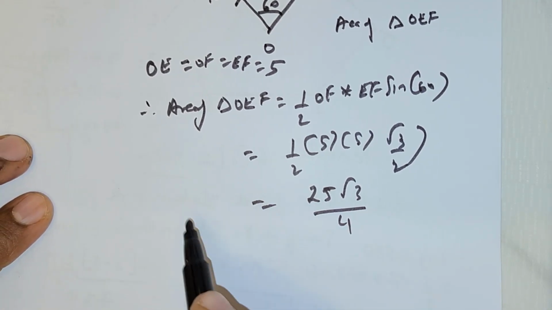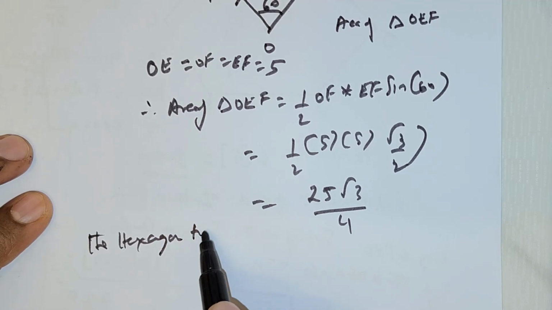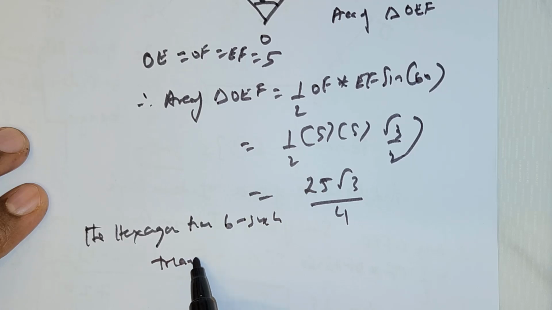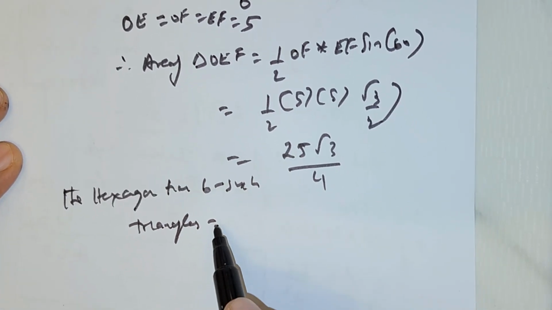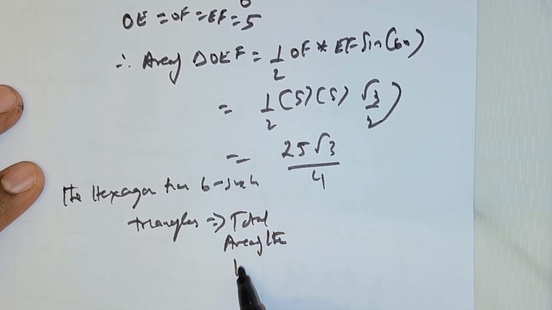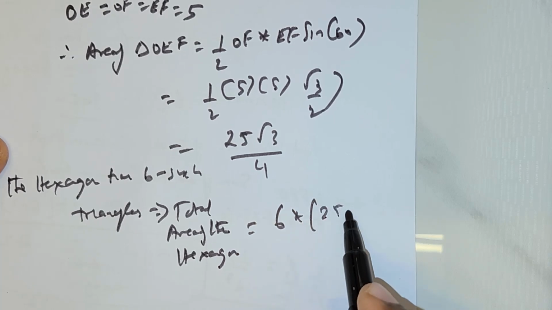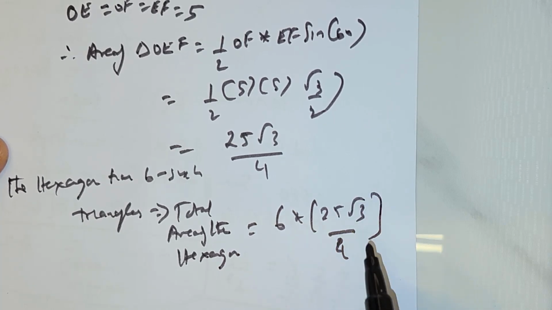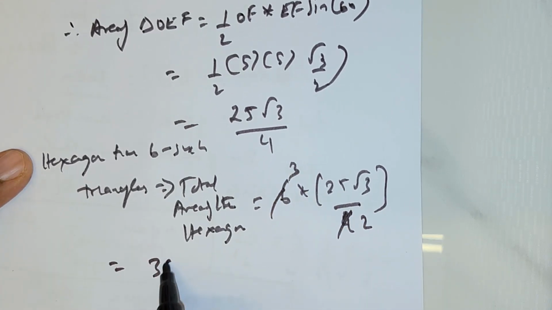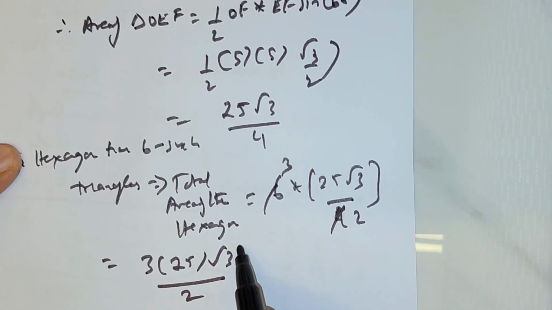Now this is for one triangle. The hexagon has 6 such triangles. So the total area of the hexagon is going to be 6 multiplied with 25 times root 3 divided by 4. 2 divides here 2 times, 2 divides here 3 times. So you have 3 times 25 times root 3 divided by 2.